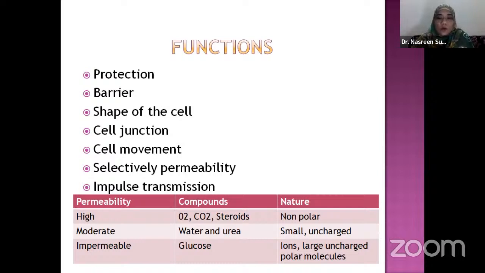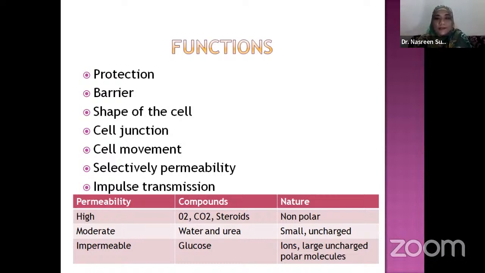So it selectively allows compounds into the cell. It is also going to help in impulse transmission, where the signals will be transduced from your ligand receptor, and how there will be impulse transmission, we will see in the next slide.